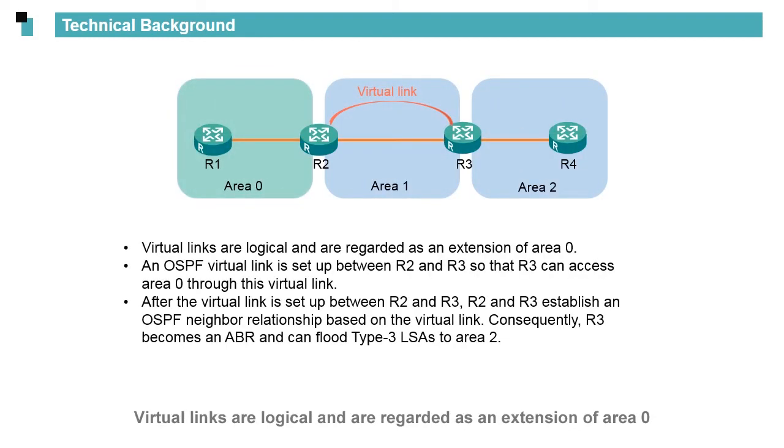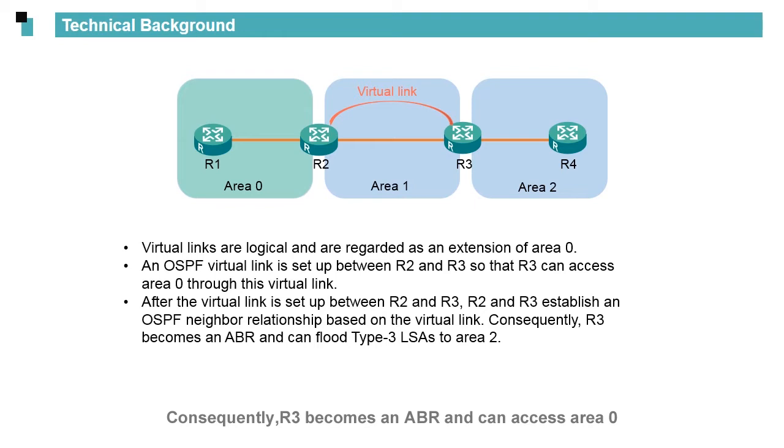Virtual links are logical and are regarded as an extension of Area 0. They can be used to temporarily solve the problem of a non-backbone area not being directly connected to the backbone area. After a virtual link is set up between R2 and R3, R2 and R3 establish an OSPF neighbor relationship based on the virtual link.